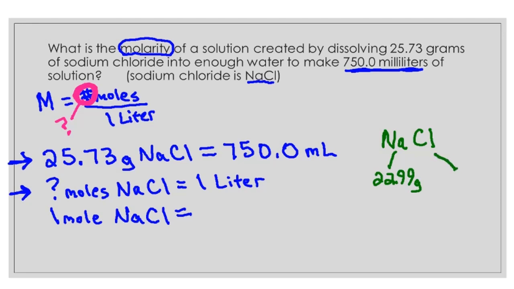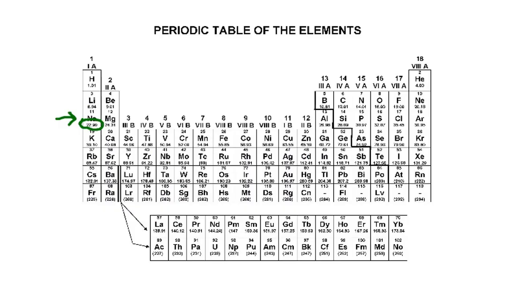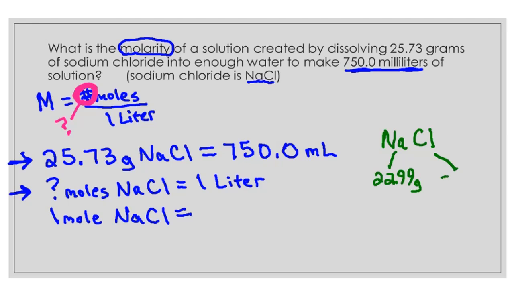How many grams of chlorine is in 1 mole of chlorine? So let's go back up to our periodic table, and chlorine is in this row down here, and that's 35.45. So let's go back down to our data table, and chlorine is 35.45 grams per mole.